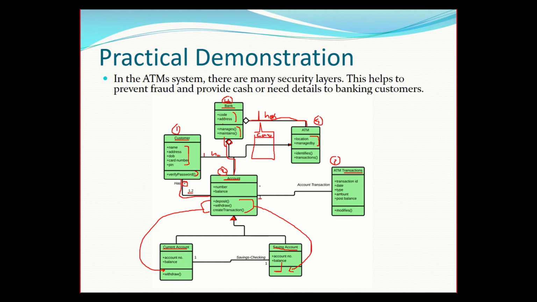Each customer will have 1 to 5 cards, for example. Or each customer may have no card, so you can put 0. And the card uses the ATM. So each card will use one ATM, or more than one ATM.